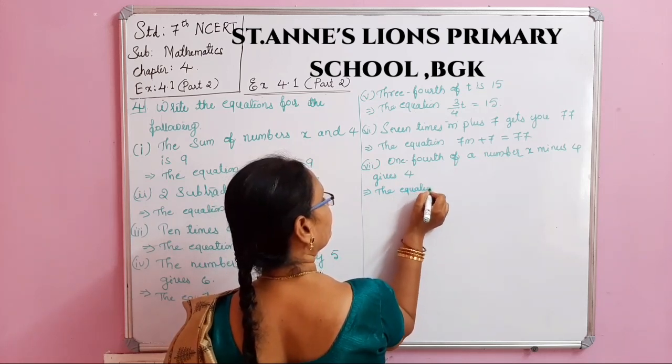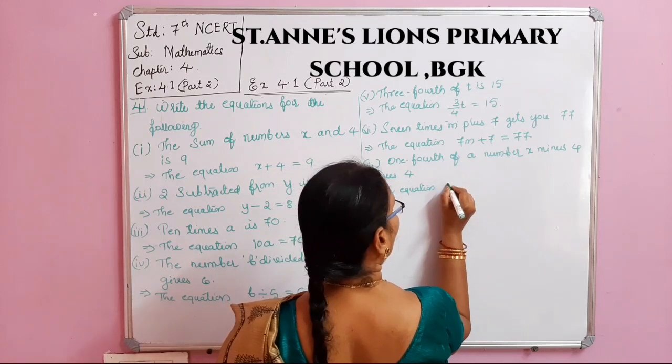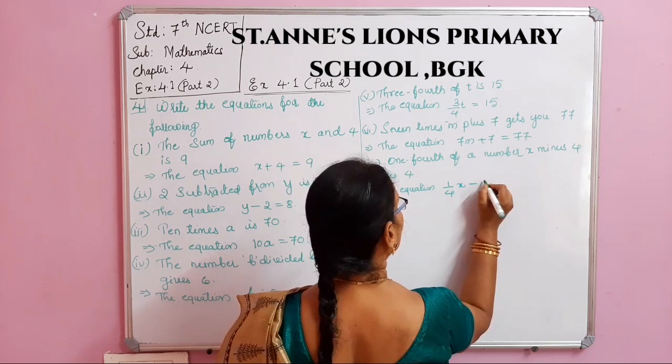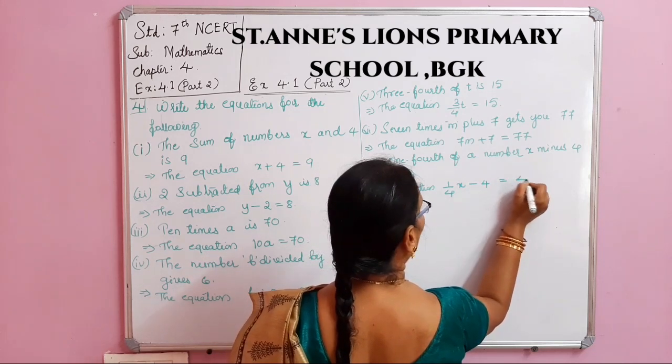The equation, 1/4 of a number, 1 by 4th of x minus 4 is equal to 4.